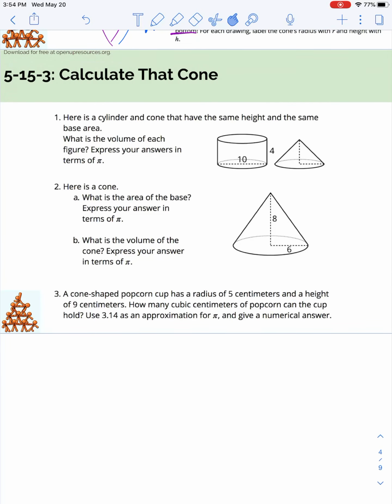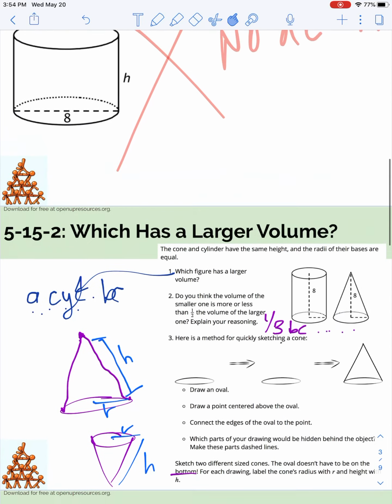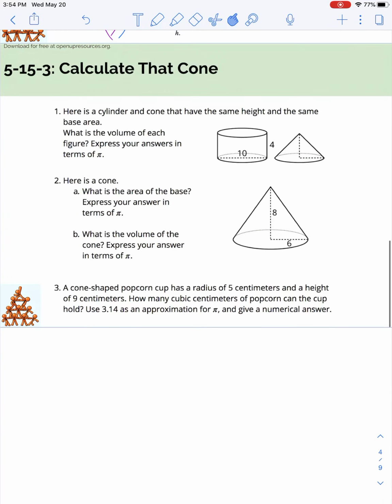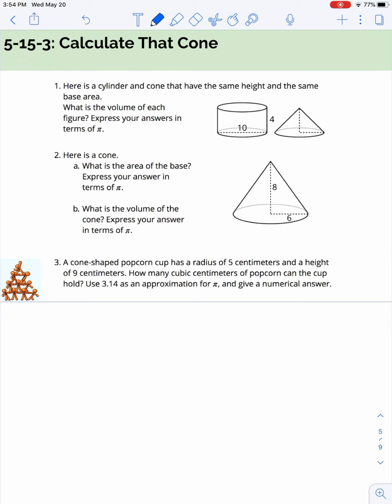Calculate the volume. Here's a cylinder and a cone. They have the same height and the same base area. What is the volume of each figure? Express your answer in terms of pi. Going back up, the volume of a cylinder is pi r squared h. So for the cylinder, volume equals pi r squared h.